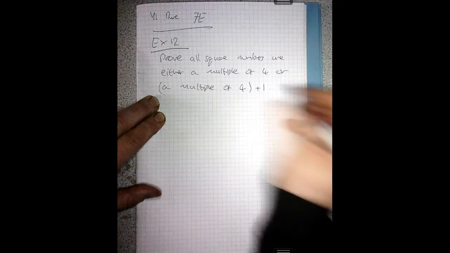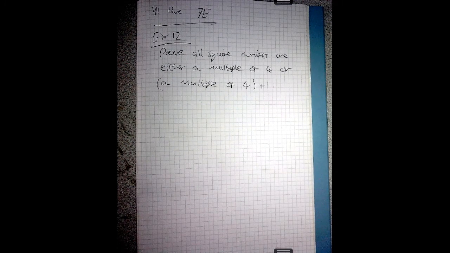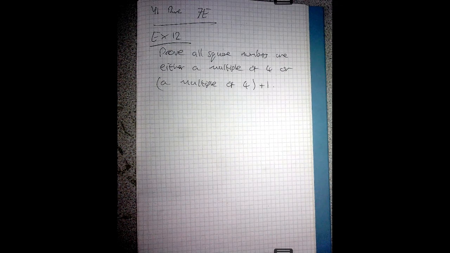It doesn't say it quite like that. One more than a multiple of 4 is actually what it says. So of course, if I want a multiple of 4, I need to write that in the form 4 times something, and a multiple of 4 plus 1, I need to write that in the form 4 times something, add 1.